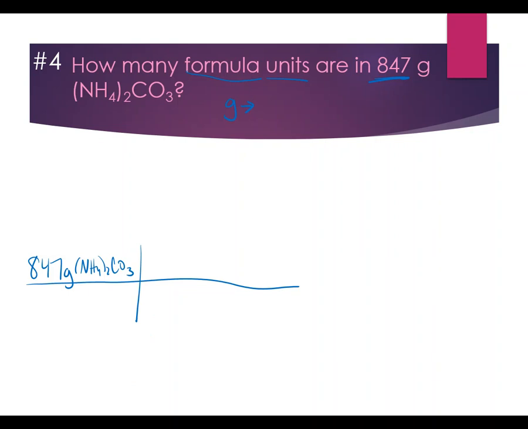I need to make a pit stop at the, what's always in the middle of the mole map? The mole, good. So I'm going to the mole, grams to moles, and then from there I can go to formula units. So this is the first step, this is the second step. This one's going to take 2 steps.